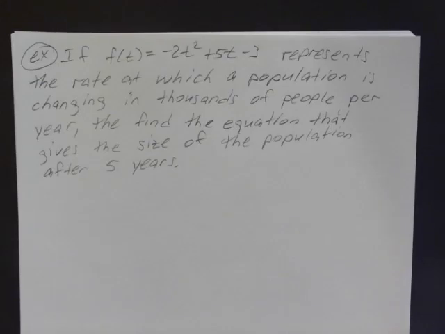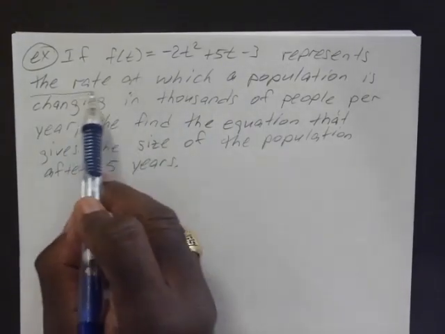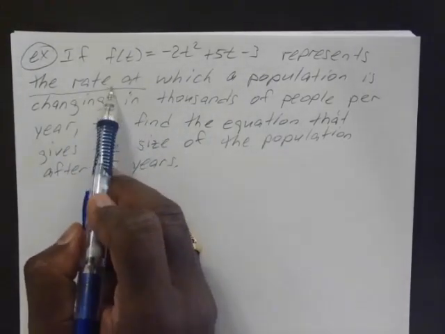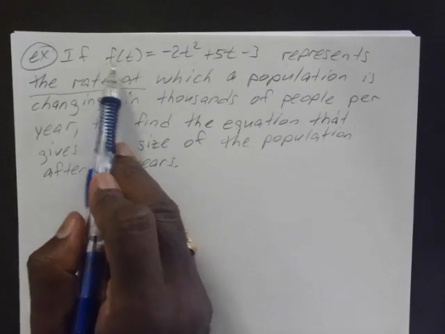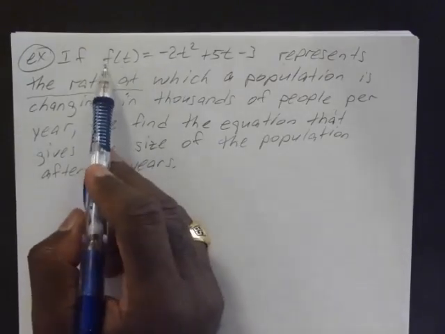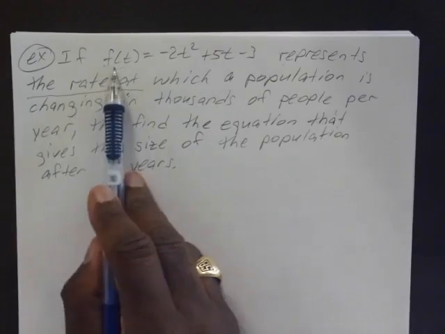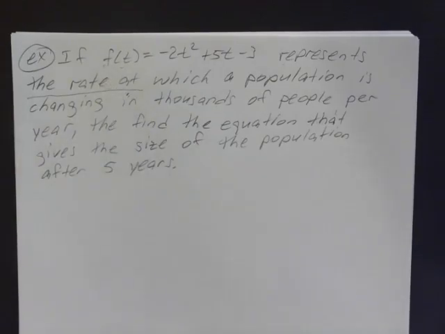Okay, so this is one of the tricky ones I was talking about. We know that it represents a rate of change. So we know it's a velocity function, but they used f of t. Okay, so you don't want to get too attached to your f of t only being the function or v of t only being the velocity function. Because sometimes they'll use f of t as your velocity function instead of your position function.